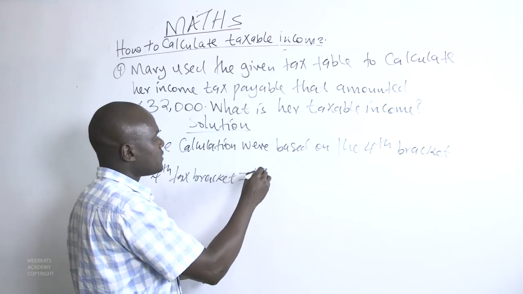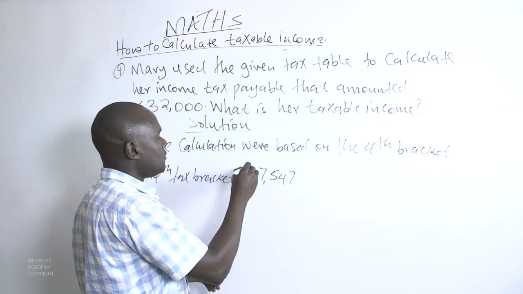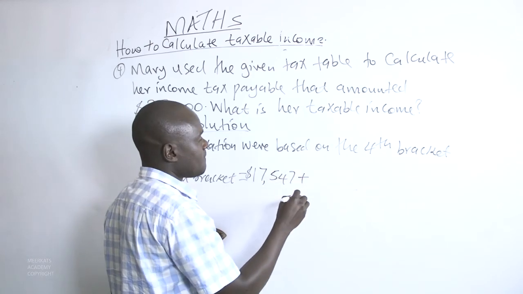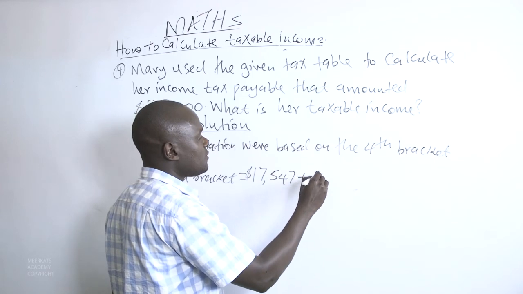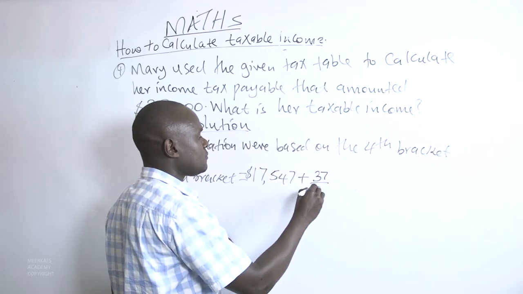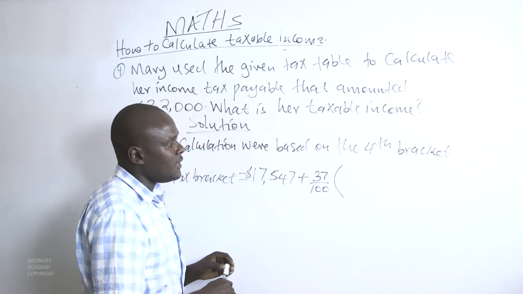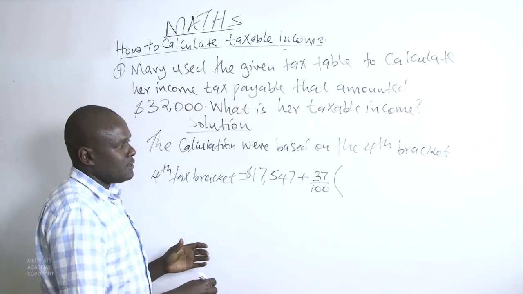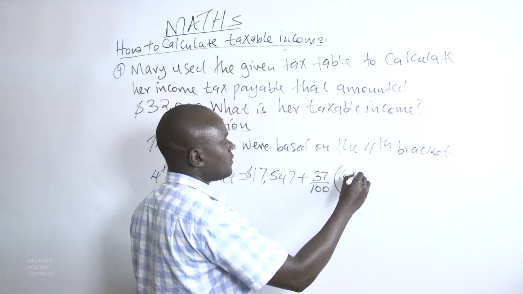We have a base tax of $17,547 plus an additional 37 cents for every dollar that is earned above $80,000.